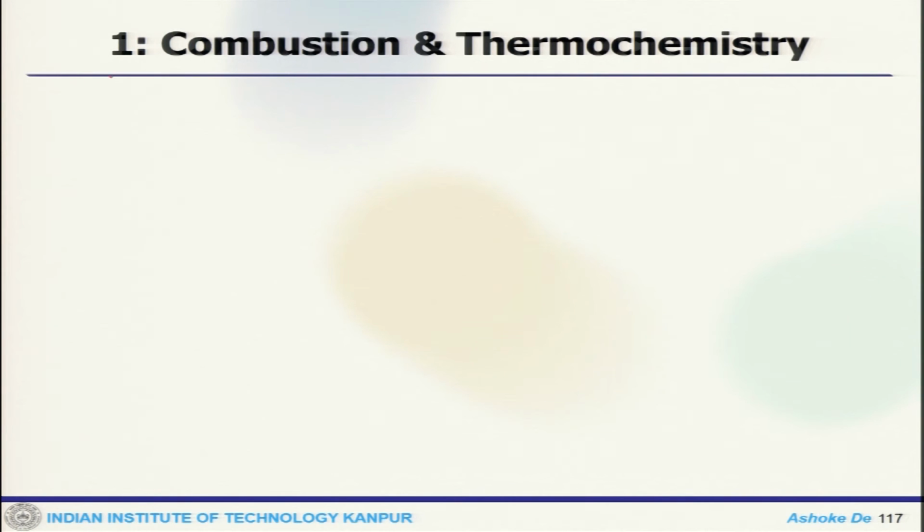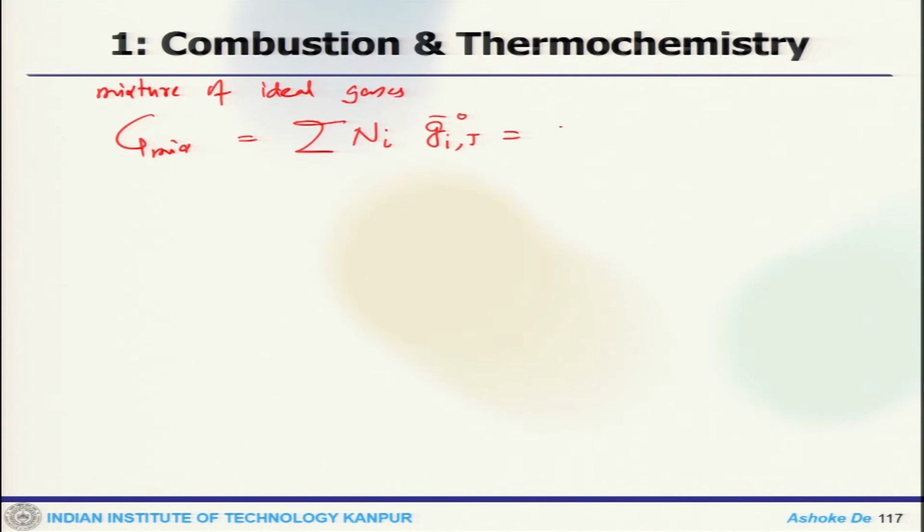Now, when you have a mixture of ideal gas or gases, then G mix would be summation of Ni Gi, which is nothing but summation of Ni times Gi at a given temperature plus Ru T ln Pi by P naught.